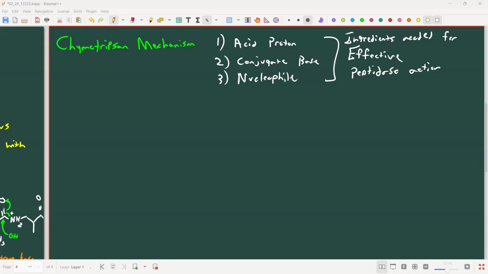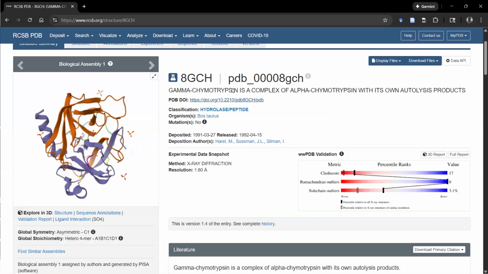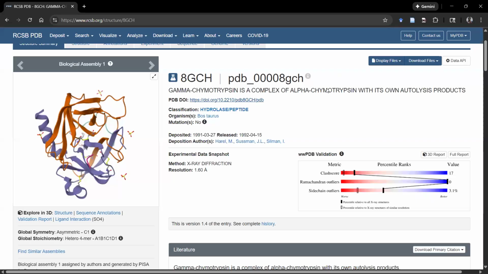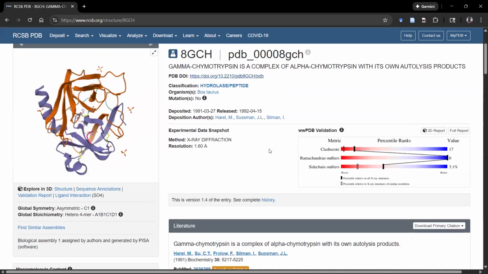This comes from Bos taurus. That's a cow, I think. This is the crystal structure of chymotrypsin, and it's been complexed with its own autolysis products. So what this is, is chymotrypsin with some of the leftover material stuck in it. Let's look at the structure in 3 dimensions.